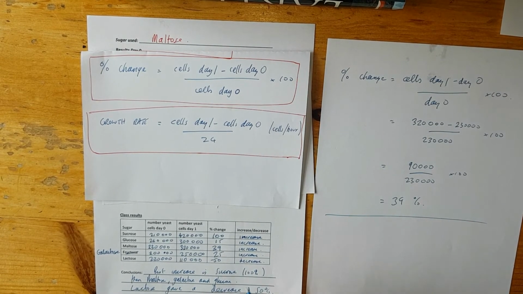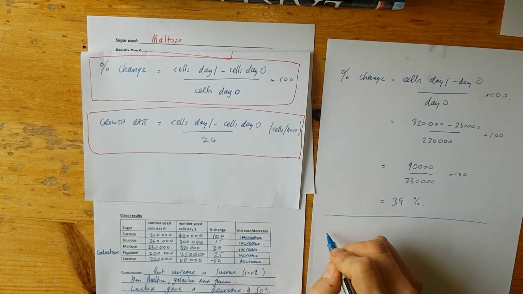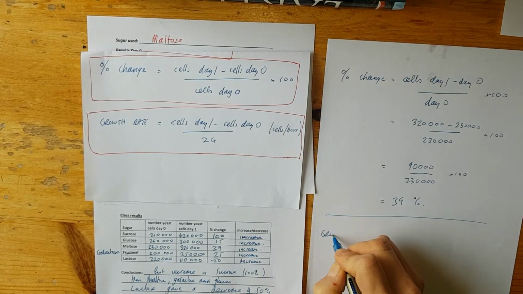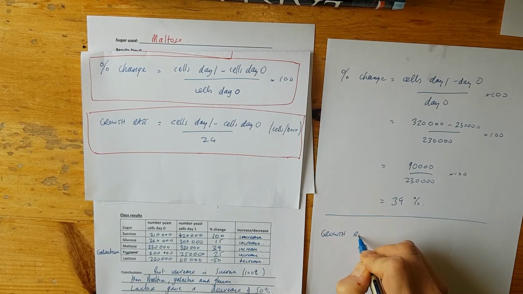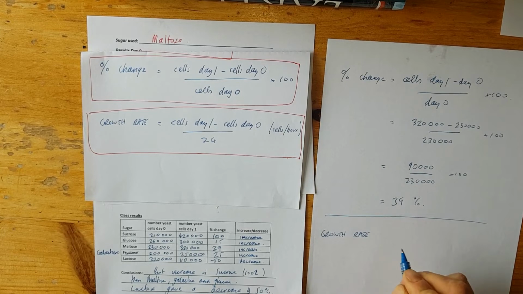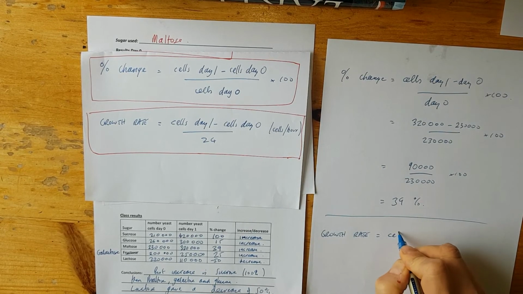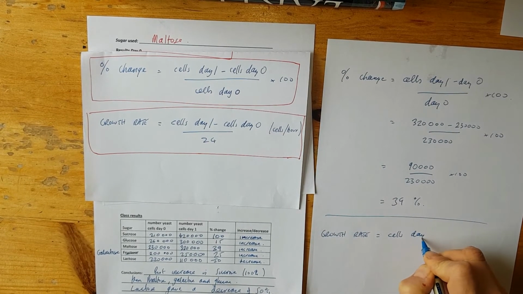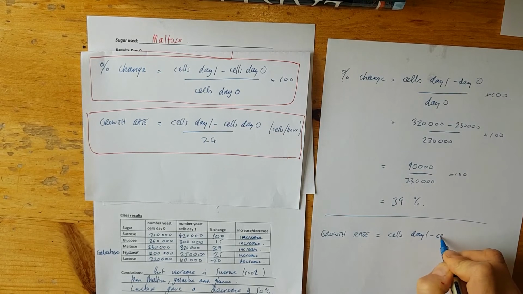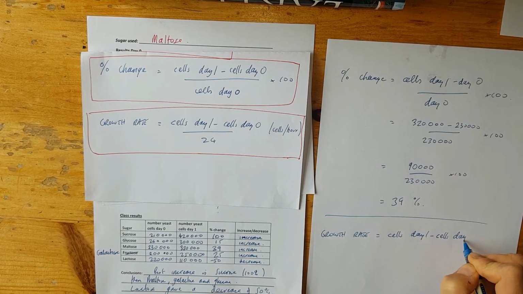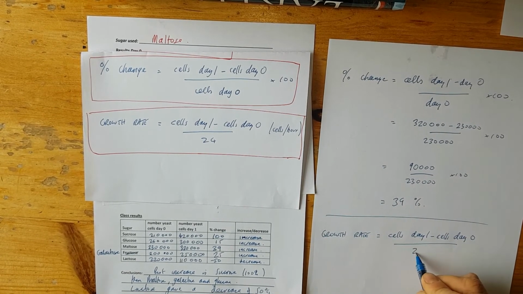Let's do it for our maltose again. So growth rate is the cells on day 1 minus the cells on day 0 divided by 24.